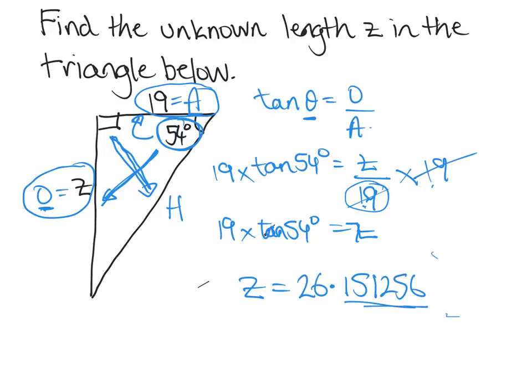I don't really need all these numbers. Usually I'll round to 2 decimal places, so I'll say it's about 26.15. Don't forget your units. If this was all in centimetres, I should put centimetres down here. Alrighty everybody, I hope that helped, and I'll see you in class.